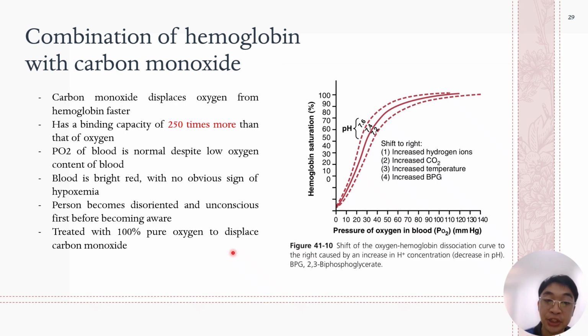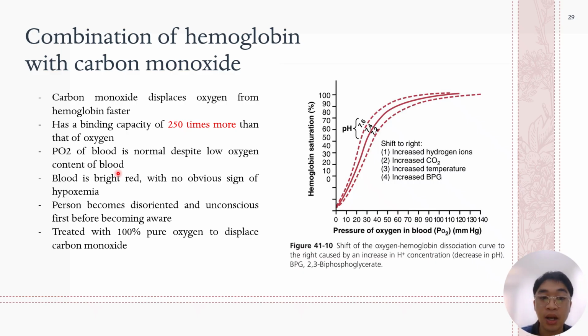So the partial pressure of oxygen in the blood is normal despite a low oxygen content of the blood. This is actually a key characteristic finding, because you expect that if something binds to hemoglobin, if there is no more oxygen bound to hemoglobin, then there should be low oxygen levels, correct?